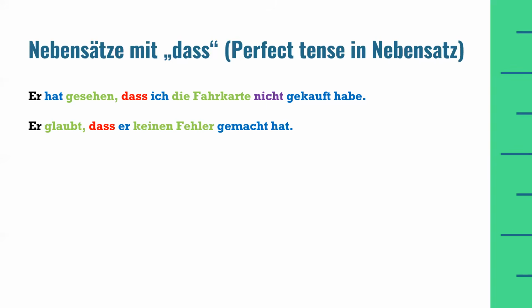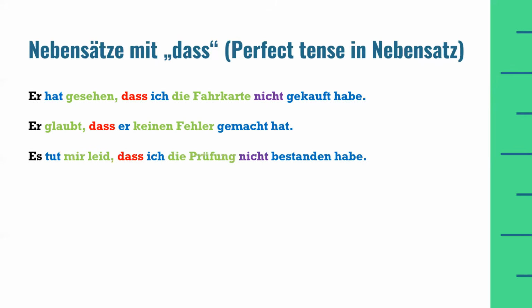Then comes Fehler, and we are negating a noun. Therefore, we are using keinen Fehler because Fehler is the object of the sentence, which is accusative case. Therefore, we have to use the ending for kein in accusative case for a masculine noun, which is keinen. Then comes the participle two form of machen, which is gemacht, and haben is conjugated according to the subject and becomes hat, and we have used it at the last position of the sentence.